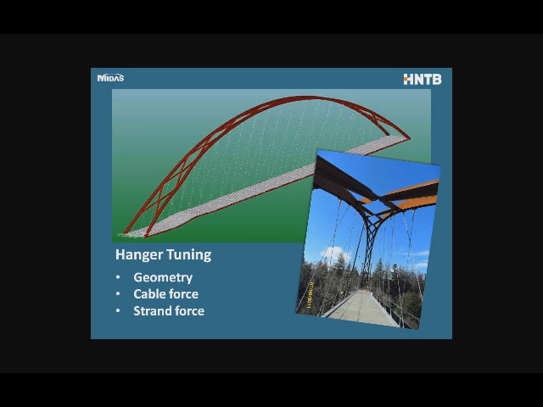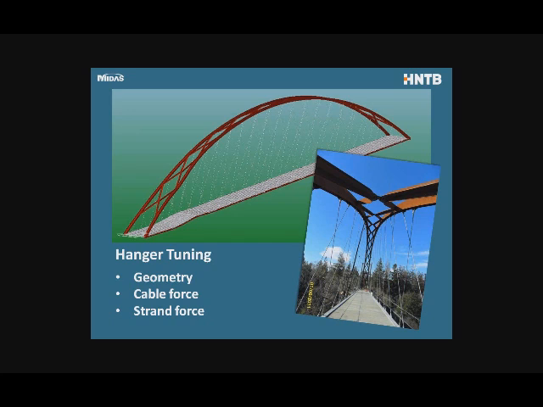So the arch is completed, and we're going to go around and survey the forces. You can do that with a lift-off test with the larger cables, or you can do it with a tensiometer with the smaller cables, where you just deflect the strand a little, and from that you can deduce what force is in the cable. And then we go through and have to come up with a cable adjustment schedule.